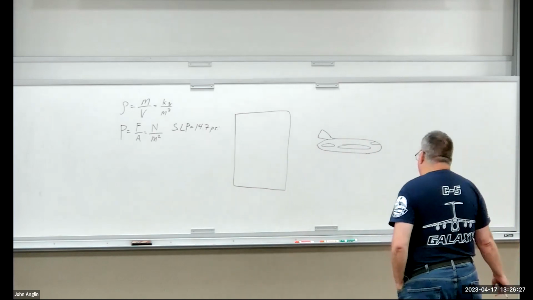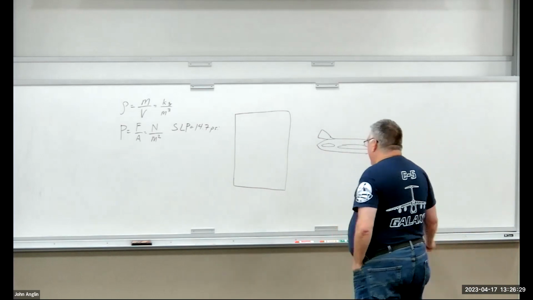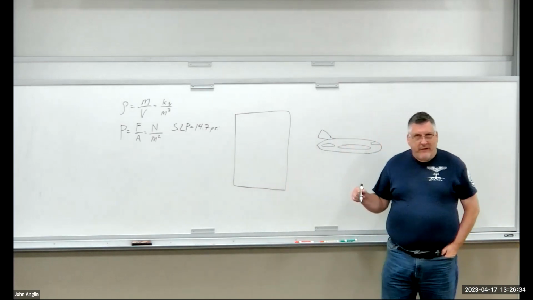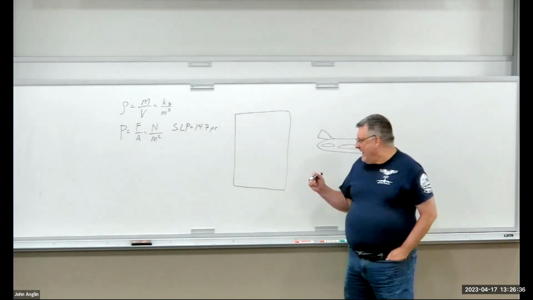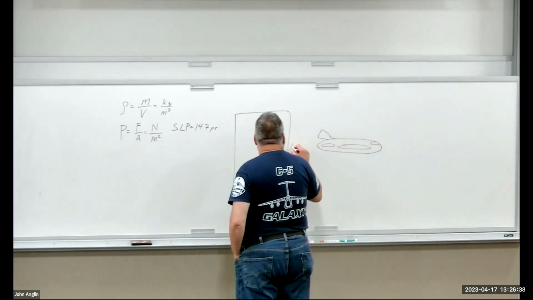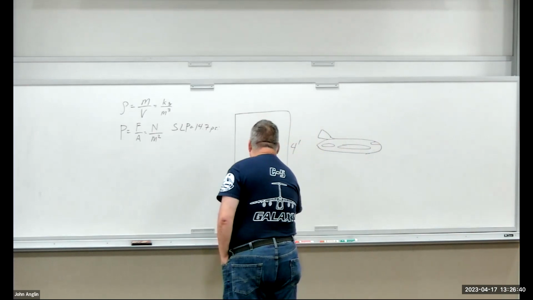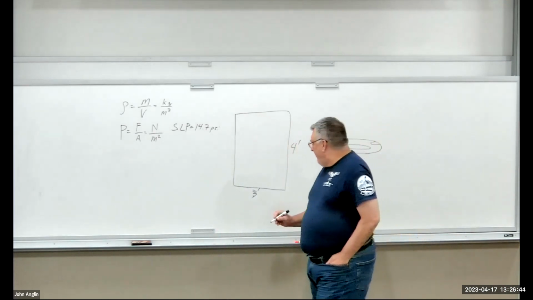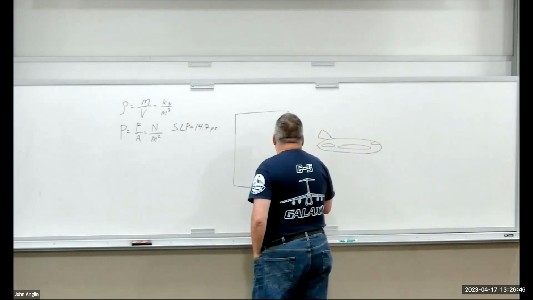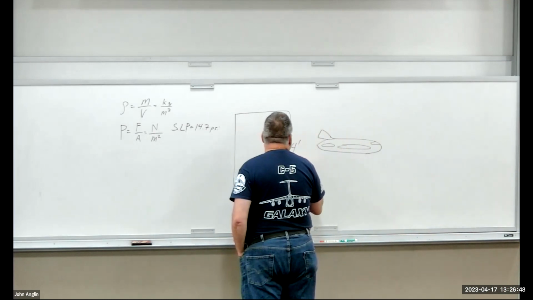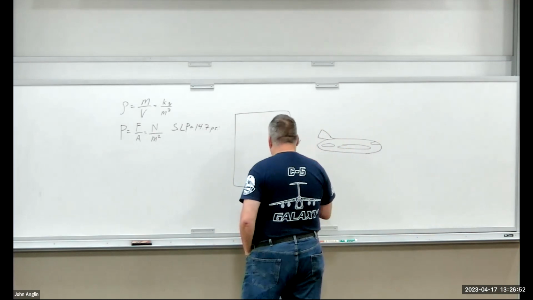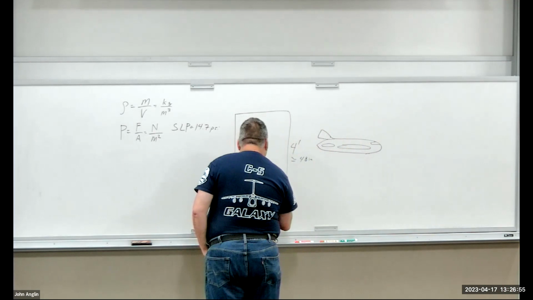But what's happening in flight? Let's think about how big the door is. I'm just going to estimate about 4 feet by 3 feet. We convert this to inches because we need a pressure in inches. So 4 feet is about 48 inches, and 3 feet is about 36 inches.